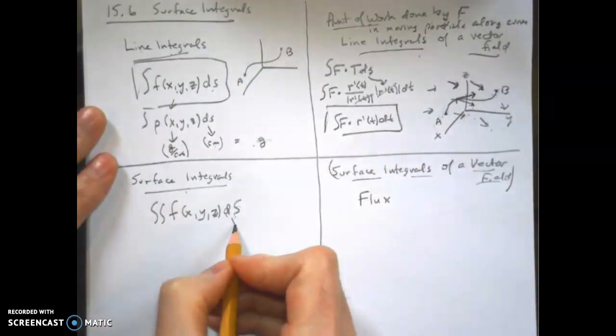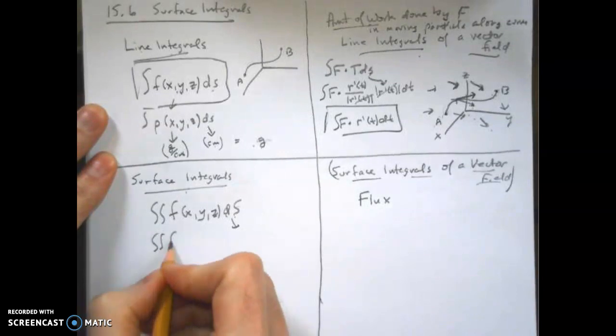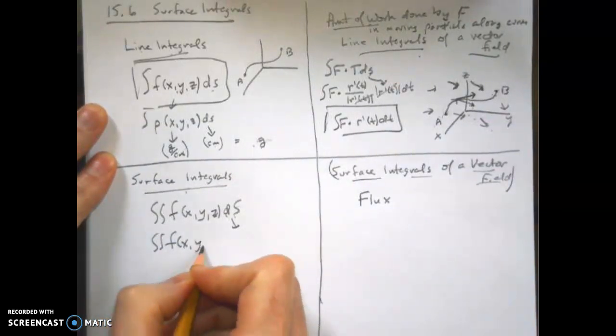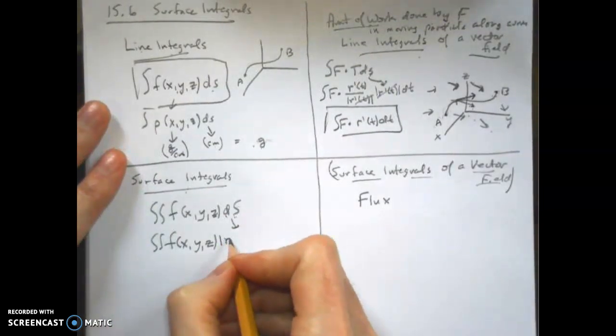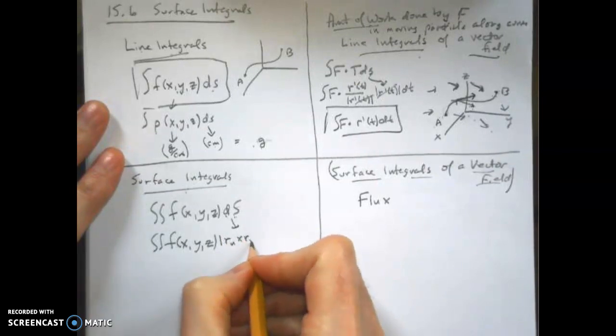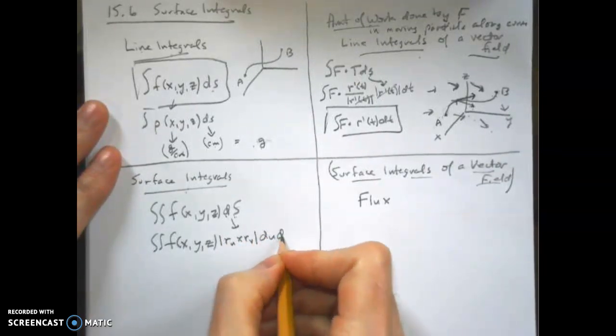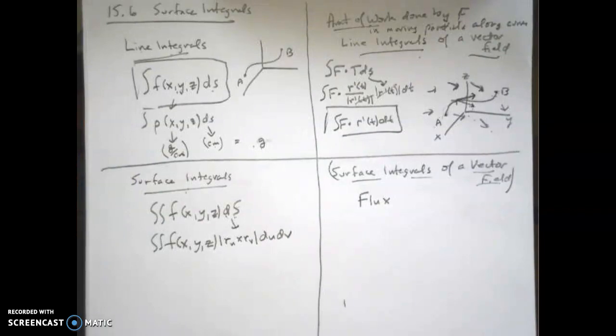So the way we calculate that double integral of your f of x, y, z times that thing is going to be the magnitude of u cross v, du dv. Technically we already did a surface integral when we found the area of a surface.